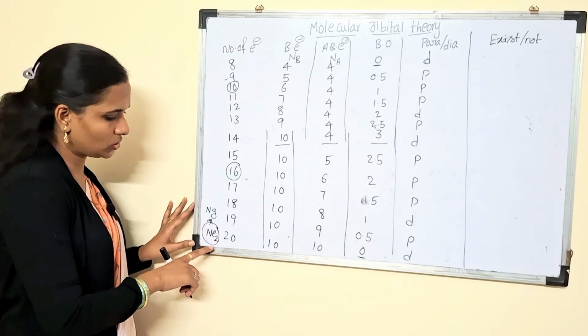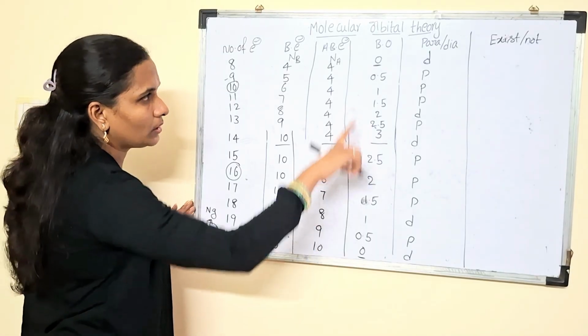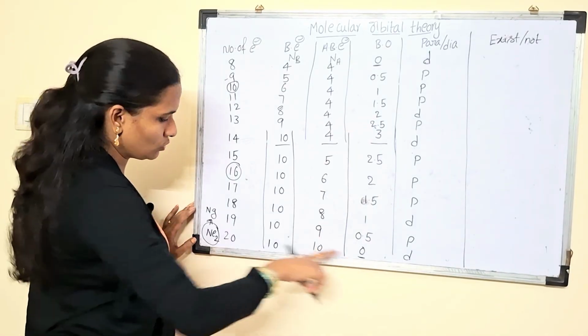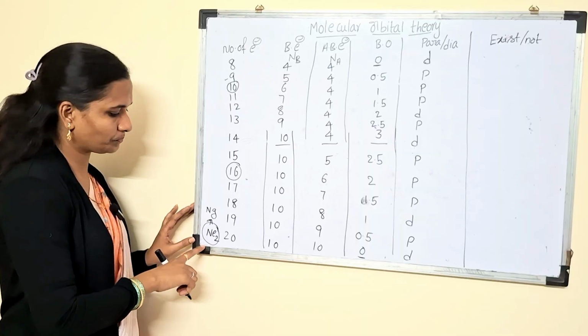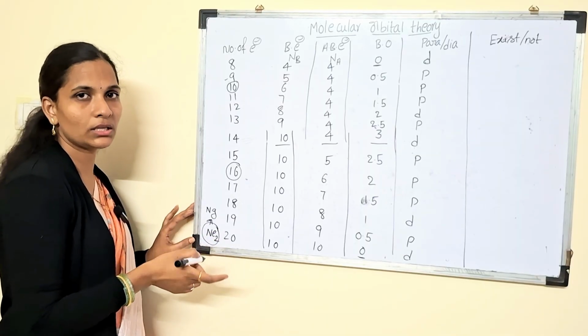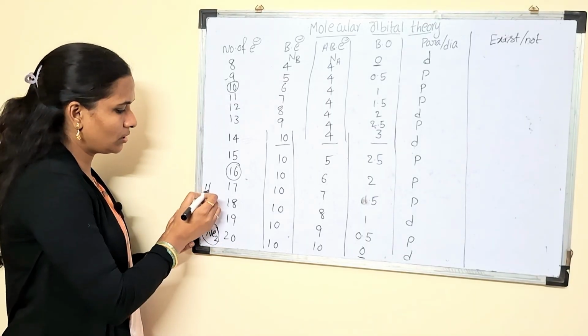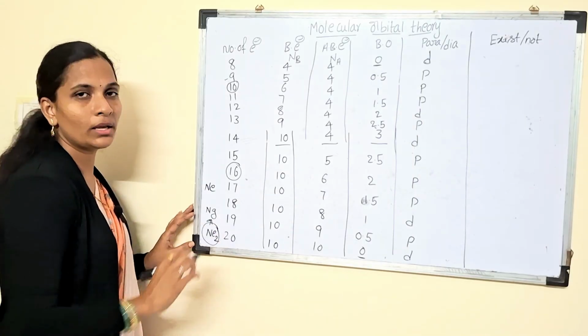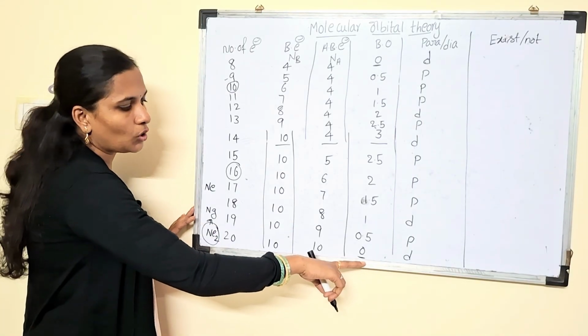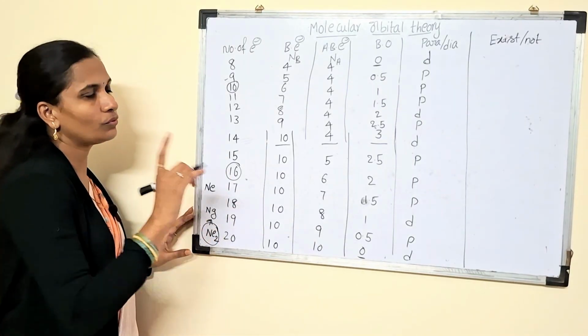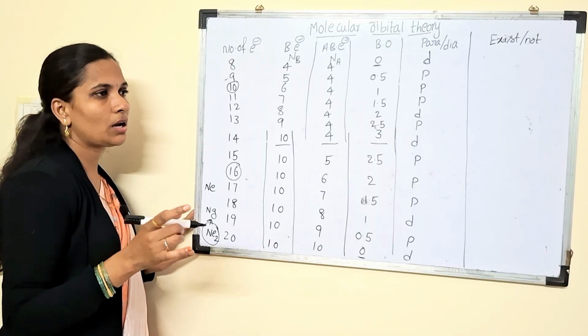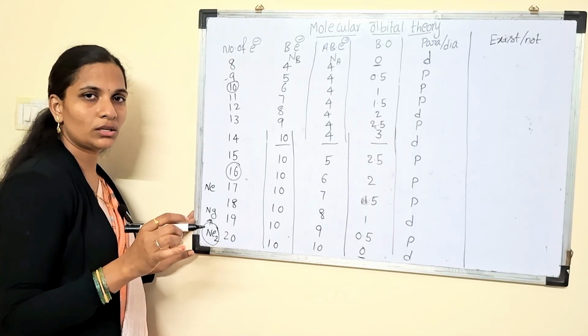So Ne2 does not exist, since the bond order is 0. Noble gases exist as monoatomic gases due to bond order 0. So any molecule or ion having bond order 0 does not exist.